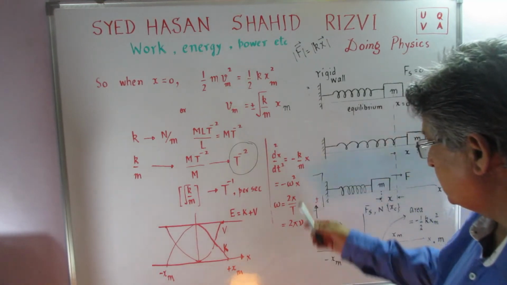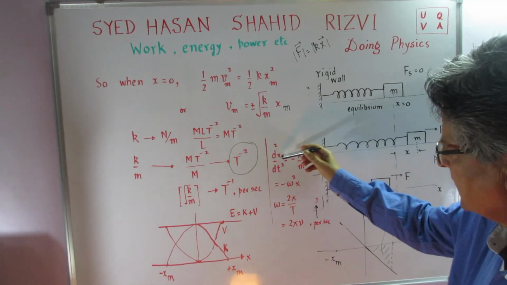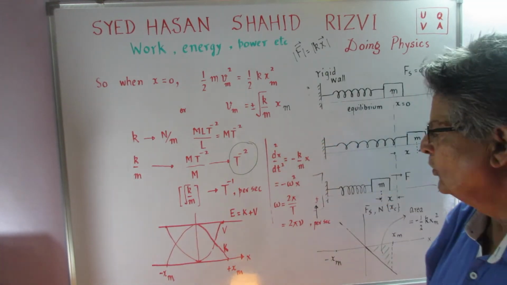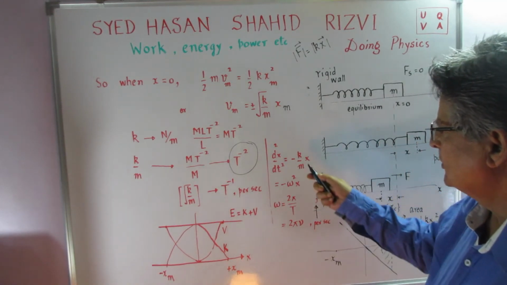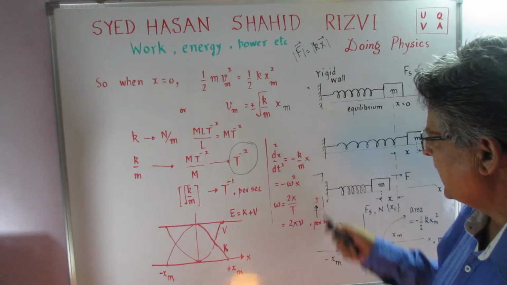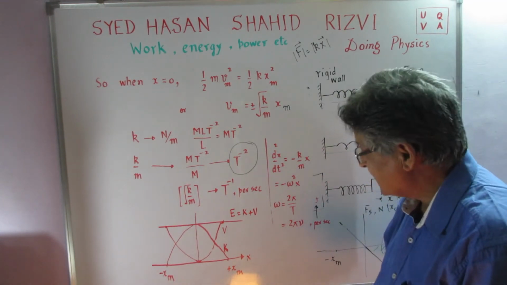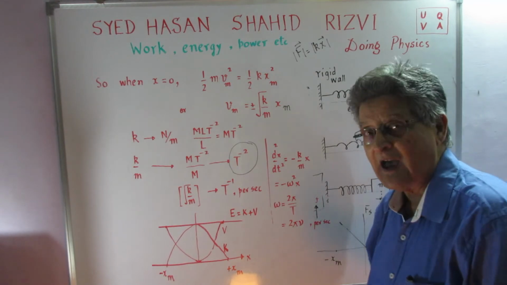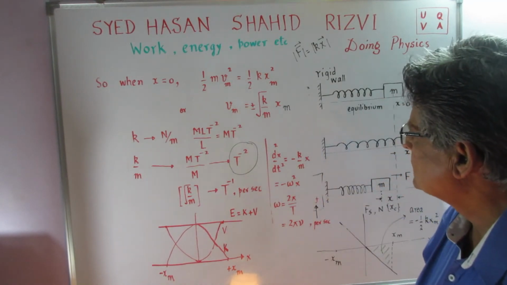When I equate it to this, m comes over here and we get d2x upon dt2, which is the acceleration associated with the particle, equal to minus k upon m into x, which I will write as minus omega square x.